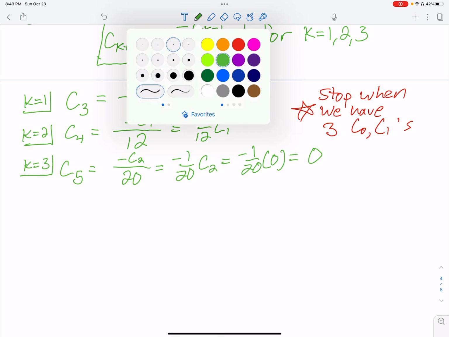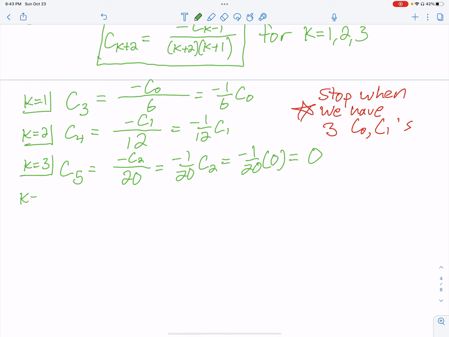We're going to keep going on this list because we could go forever, really. With k equals 4, we could just keep going, 5, 6, 7, on and on. So this is c_(k+2), so it's c_6 equals negative c_3 over, and then I plug in 4: 4 plus 2 is 6, 4 plus 1 is 5, so 6 times 5 gets me 30.